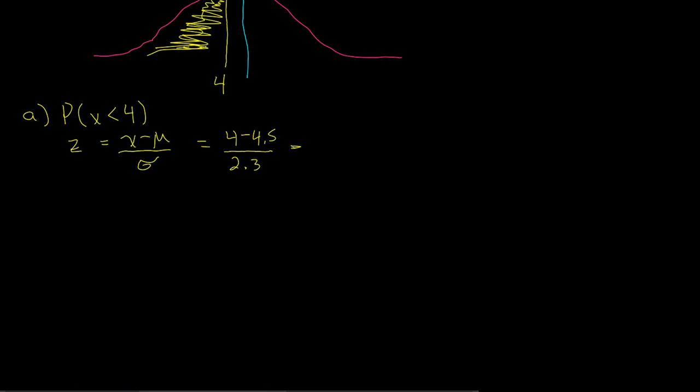So we put this z-score in. 4 minus 4.5 divided by 2.3 gives me negative 0.21739 and so on. But our z-score tables only go to 2 decimal places, so I want to put negative 0.22. All right. So I find negative 0.22 on my z tables.